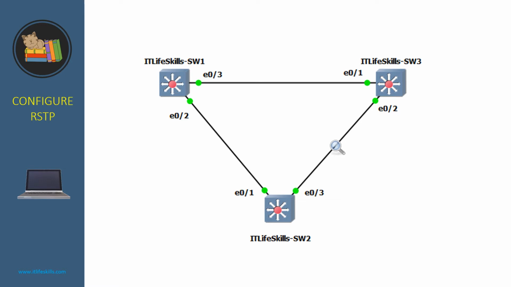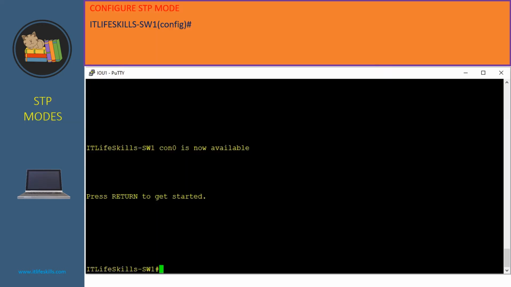Let's configure RSTP for the switches in this network. Currently, IT Live Skill Switch 1 is a root switch. Let's configure STP mode. In order to configure STP mode, at the switch configuration mode, we issue the command spanning-tree mode, and then we put in a question mark, then hit enter.